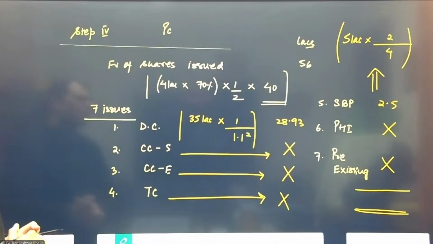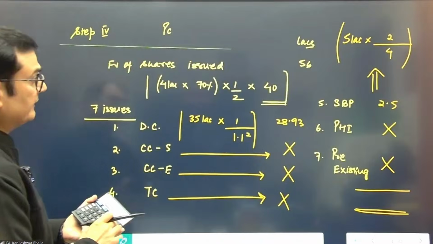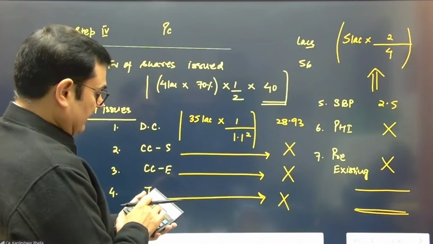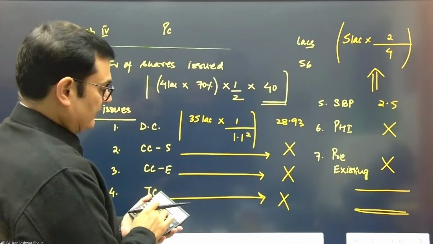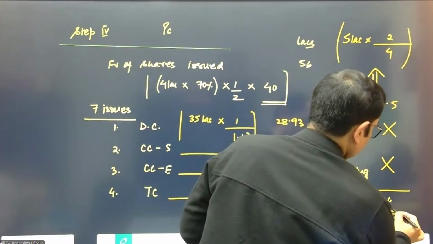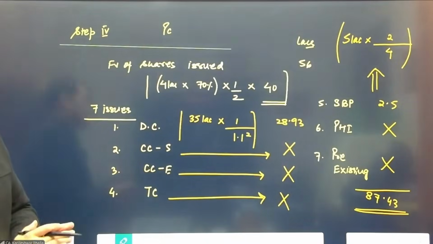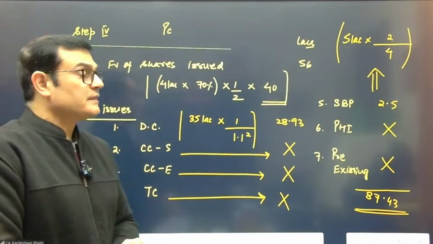Okay, so I think this is done. The calculation of the purchase consideration is also taken care of. We add this up, and I think this is coming to 87.43. Yes, sir. Great. So step number 4, the purchase consideration, is done.